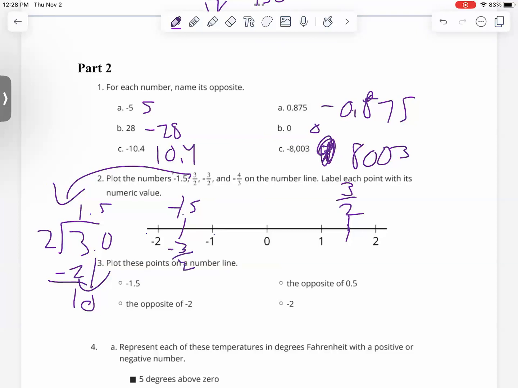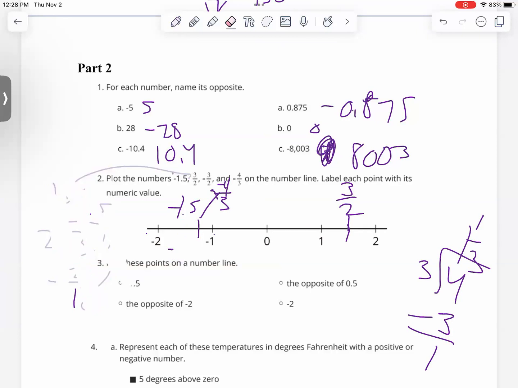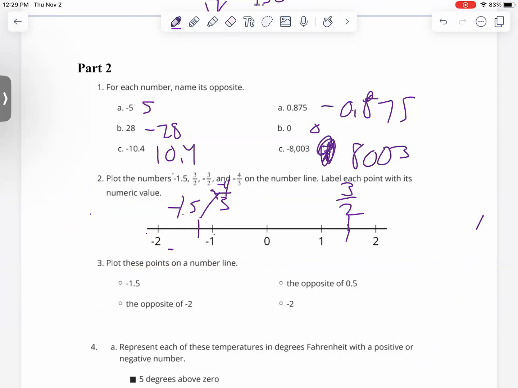And then negative 4/3, right? So 3 into 4 is going to be 1 and 1/3. So we got negative 1 and 1/3, which is not quite as much as negative 1.5. So negative 4/3. All right, so it wants these on a number line. Let me draw a little number line here. We got 0.